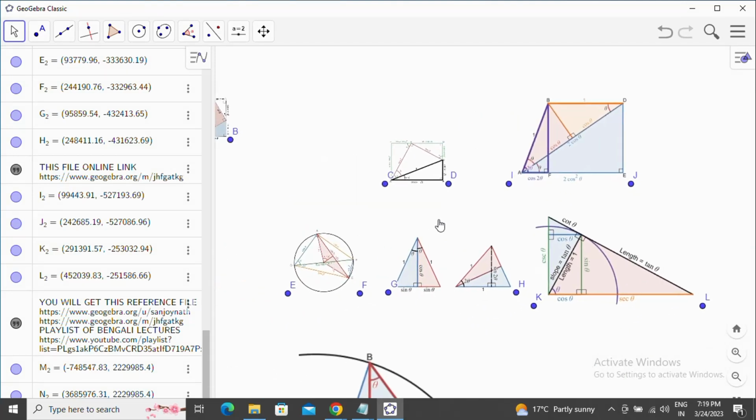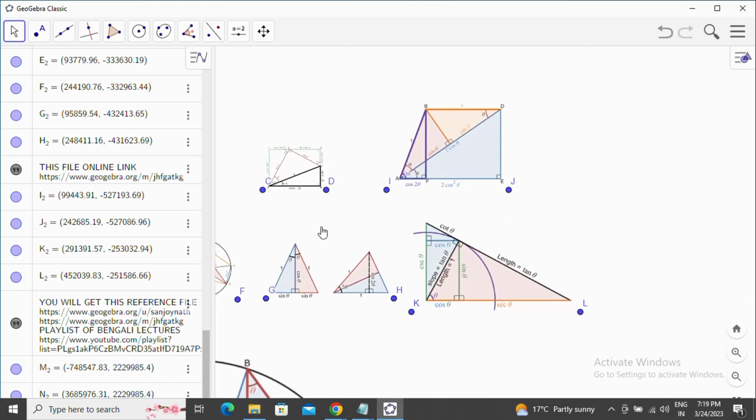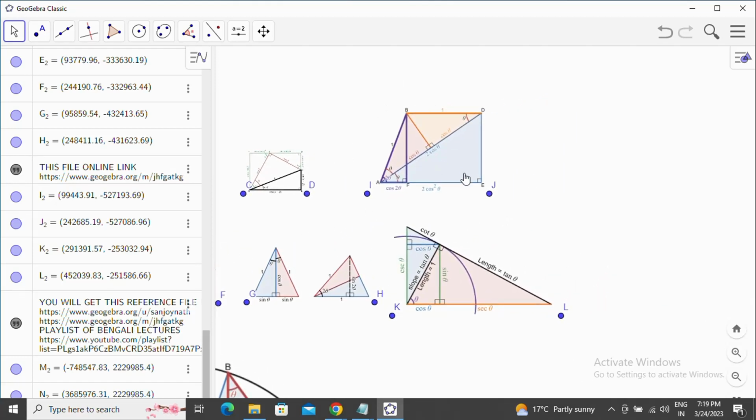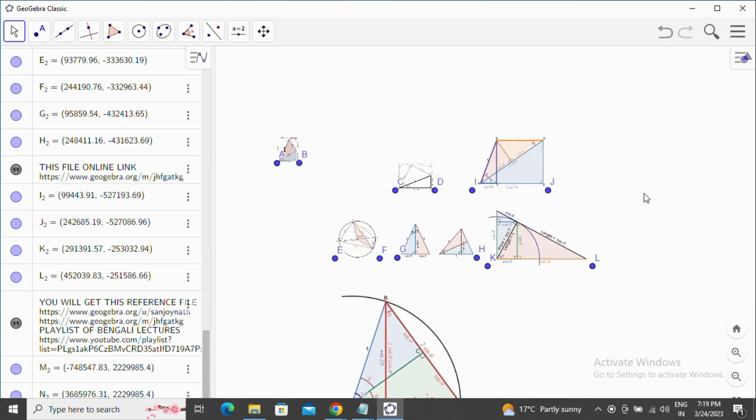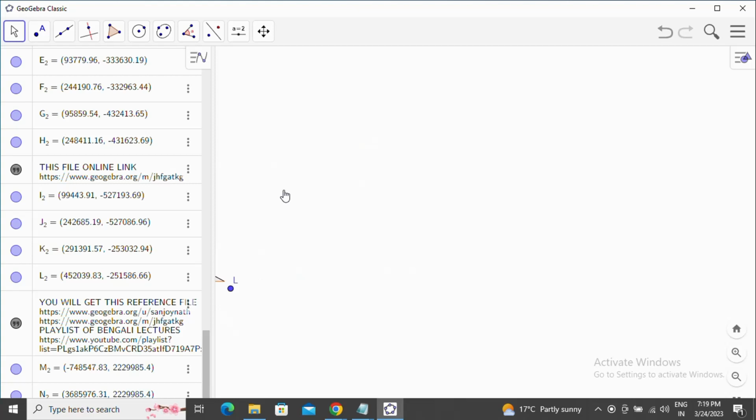And in our different videos we will explain all those things, and this GeoGebra file is already in the link in the description of this video, from where you can check all these files by zooming, by dragging, by rotating, as I have shown you here.